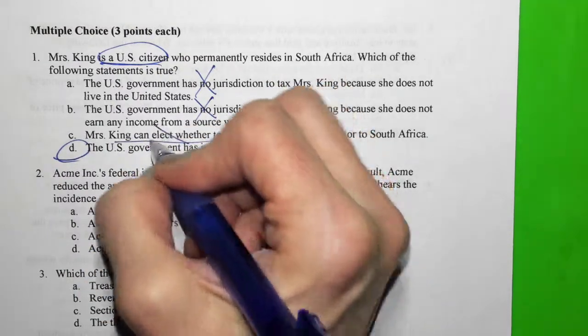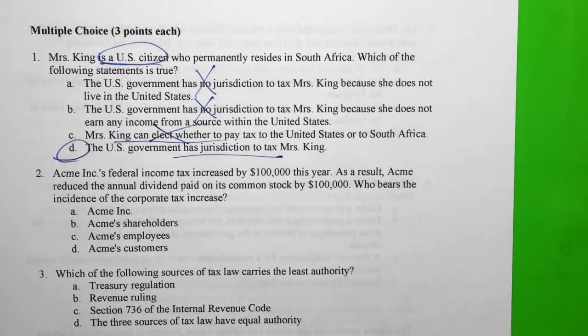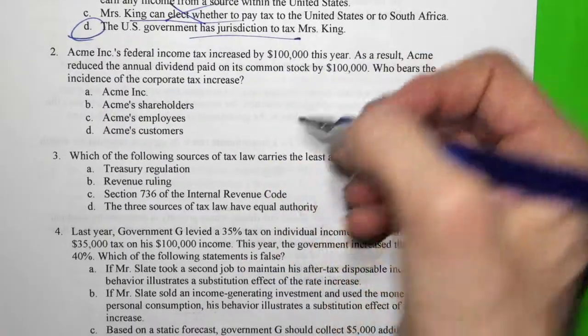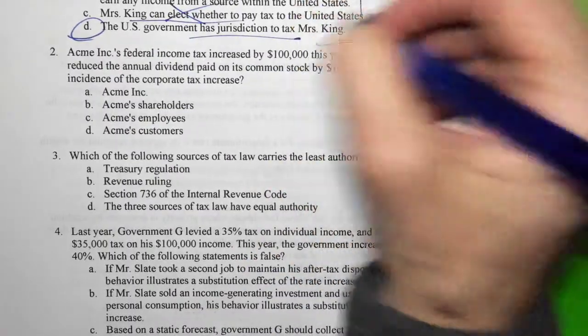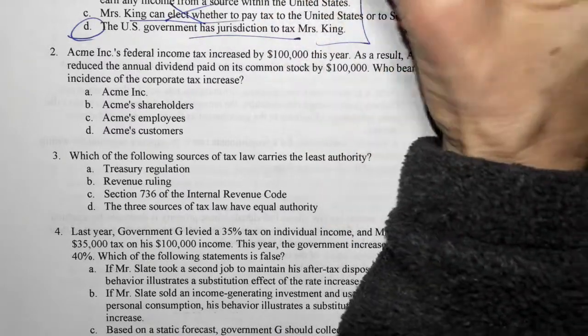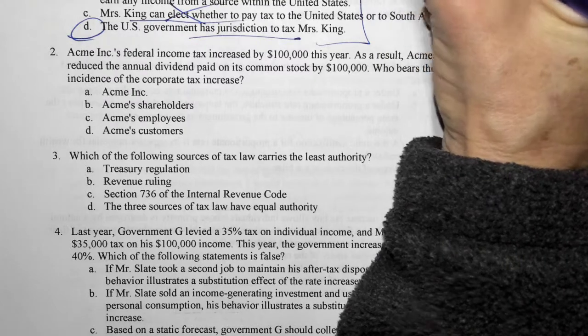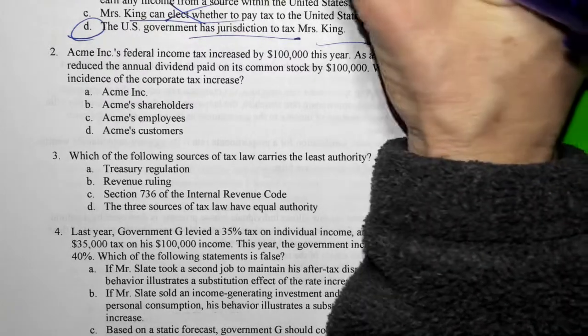She has to file in the U.S. and pay tax. We would have dealt with this a little bit in the chapter that dealt with jurisdiction, so somewhere between chapter 1 or maybe chapter 4.